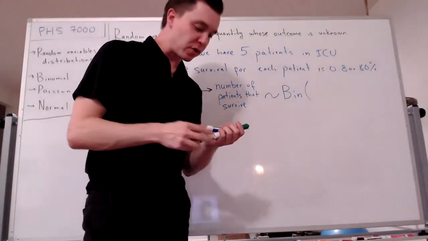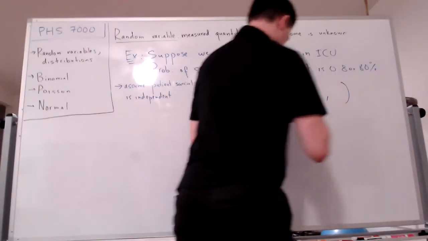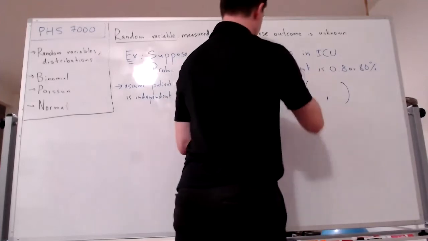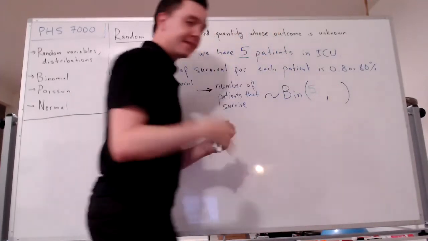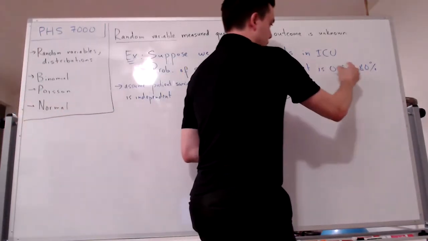And remember, I get 2 parameters inside the binomial distribution. This first one is n, right? My n is 5. And the second one is the probability of success on each trial, which is 0.8.